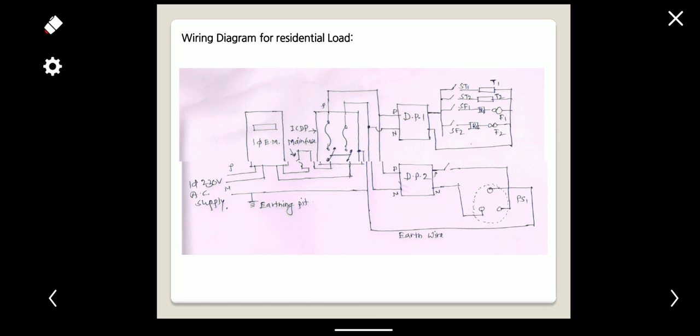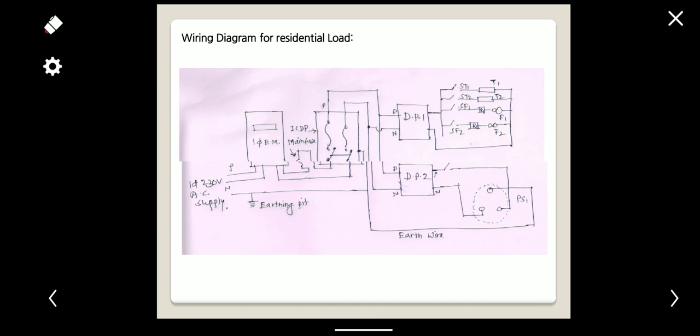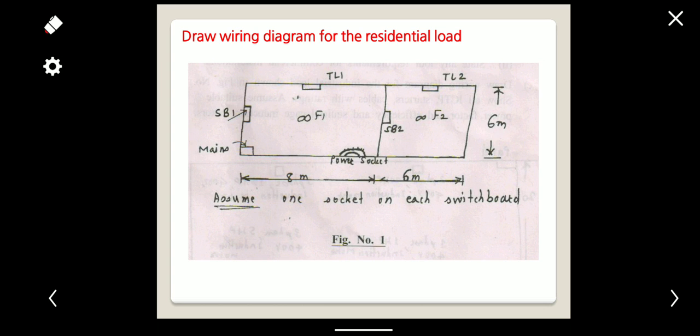This is the way to draw the wiring diagram from the schematic diagram or from the installation plan. This is the complete wiring diagram, and this question is asked in the paper for 4 marks. So this is very important.